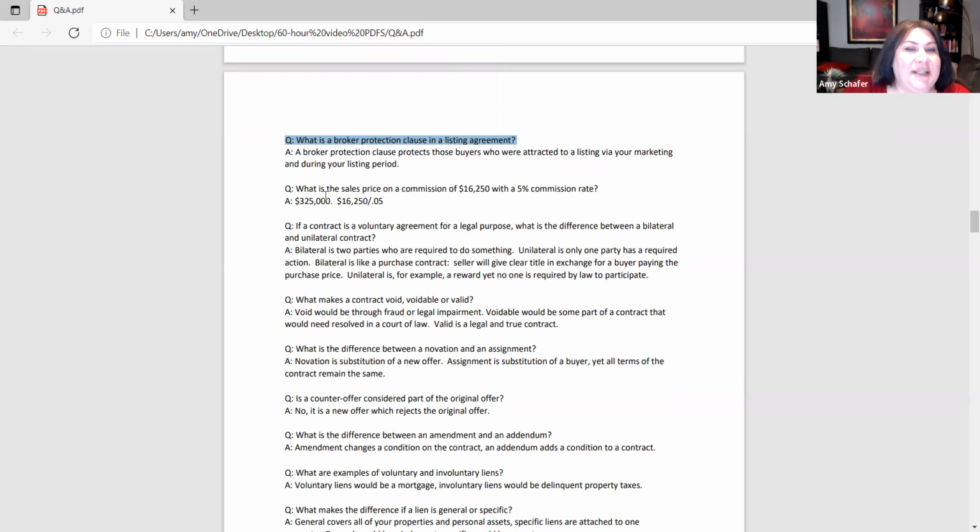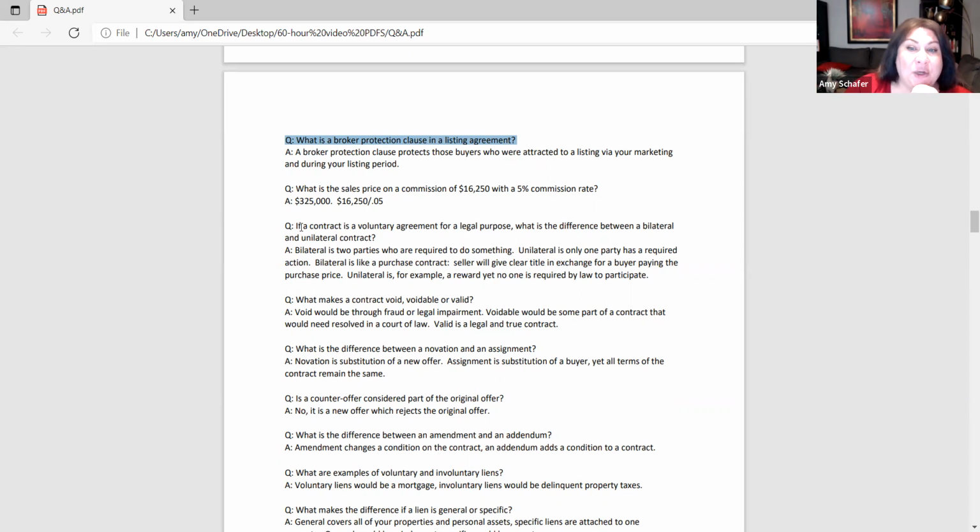The next question says, if a contract is a voluntary agreement for a legal purpose, what's the difference between a bilateral and a unilateral? Well, bilateral and unilateral must contain all the valid elements of a contract. A unilateral contract, though, is when one party is just holding still, the other party is doing the activity.